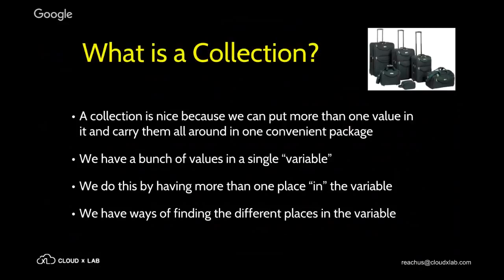We do this by having more than one place in the variable, right? You'll see that. I think the theory doesn't make much sense; the practical would make more sense. We have ways of finding the different places in the variable.